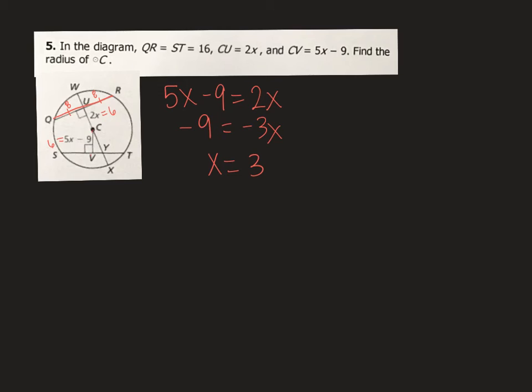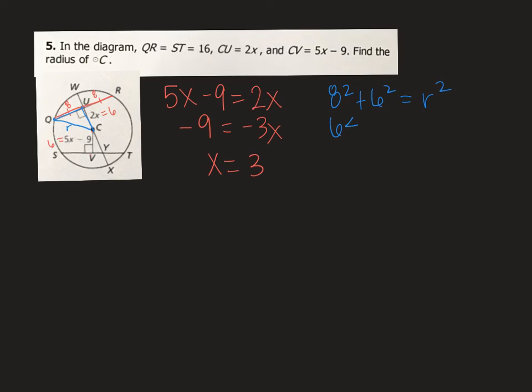I'm going to connect Q to my center to form a radius, because it's going from the center to a point on the circle. I now know the two legs of that right triangle. So 8 squared plus 6 squared has to equal that radius squared.